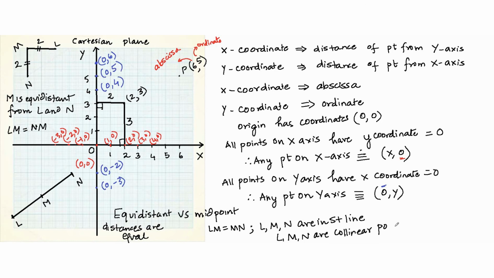So when I say that a point is a midpoint of other 2 points, it means that all the 3 points are collinear. So this is the difference between equidistant points and midpoints. Equidistant point just means that the distances are equal, whereas midpoint additionally means that the points need to be collinear. So these are some important concepts.